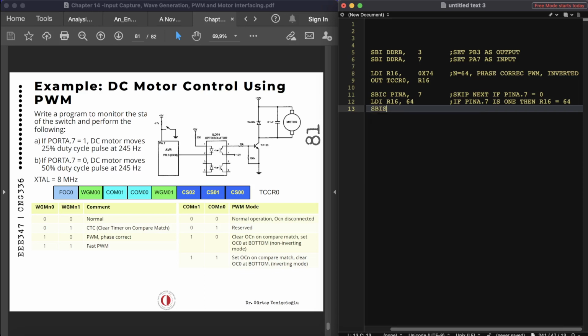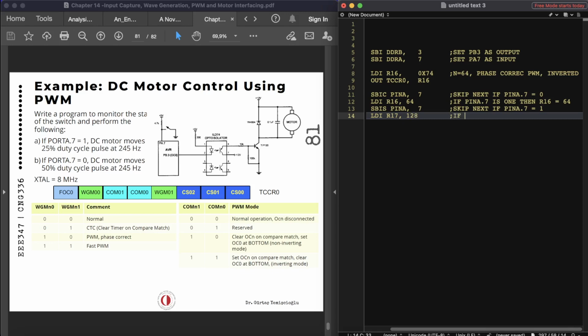SBIS pin A7. Now what we need to do is skip next if pin A7 is 1. And then LDI R17, it's 128.